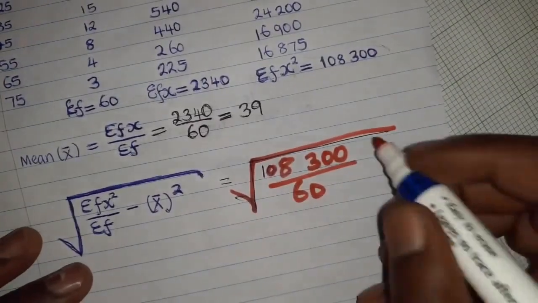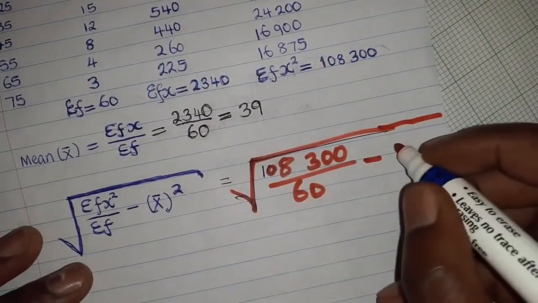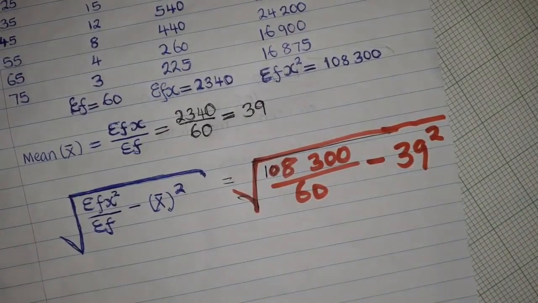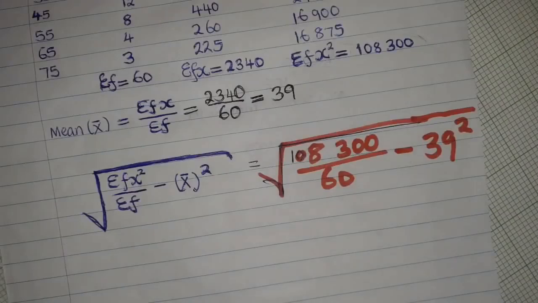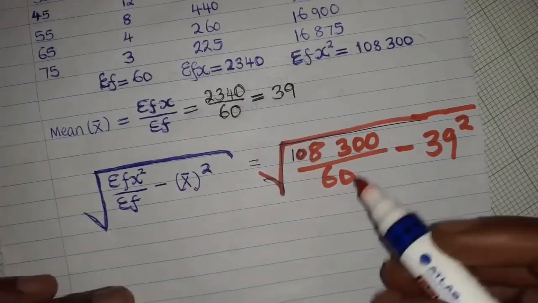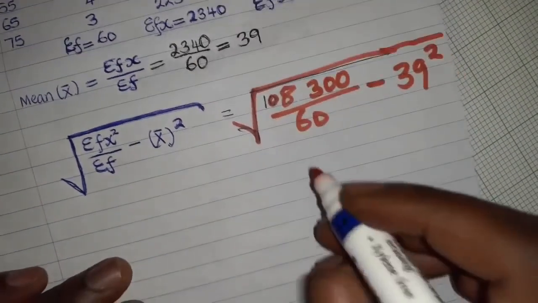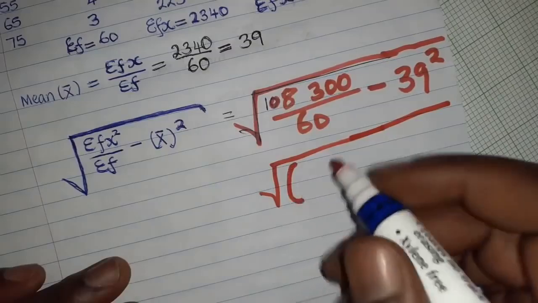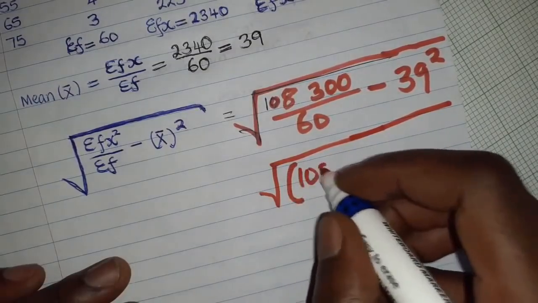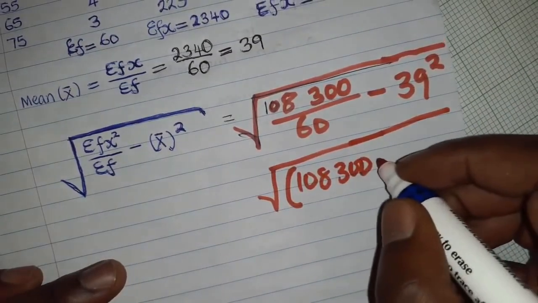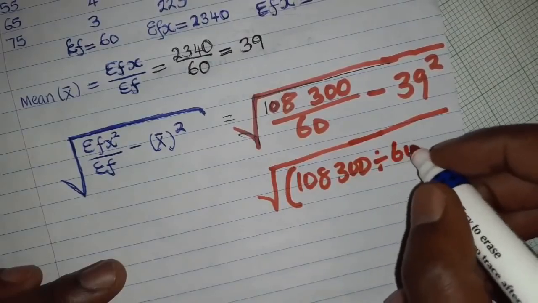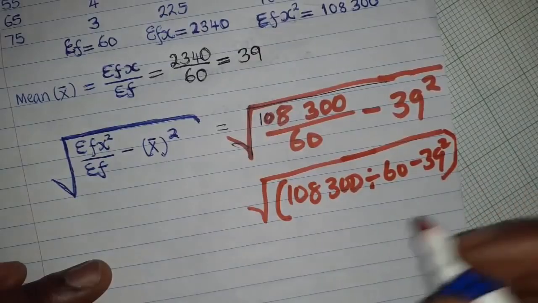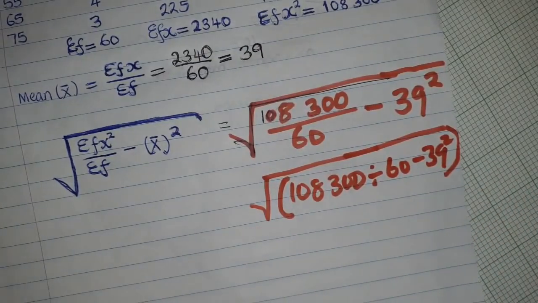Okay. Then minus, what did we get there? We got 39. Don't forget squared. Looking at the formula. So you punch this on your calculator. What you do on your calculator, just start with this one. After you've done this, open brackets, then you enter 108,300, then divided by 60, then minus 39 squared, then close brackets. Press equals.